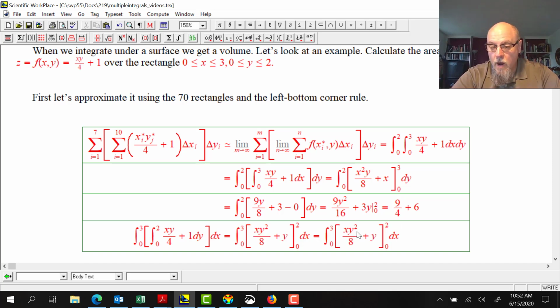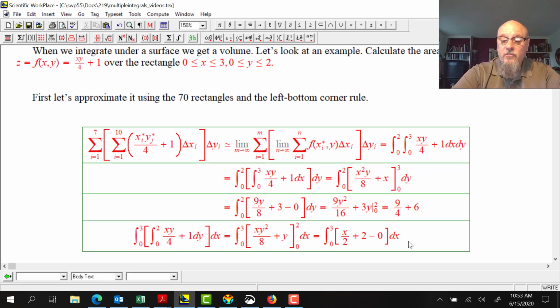So sub in for y. If I make y equal to 2, that's 4 over 8. That's going to be, make this a half here. A half here. 2. And when I sub in the 0, it's minus 0. So now I've done the sub in the top minus sub in the bottom.